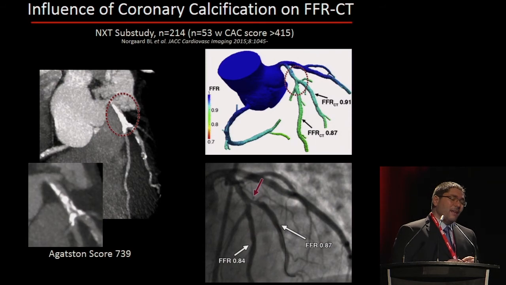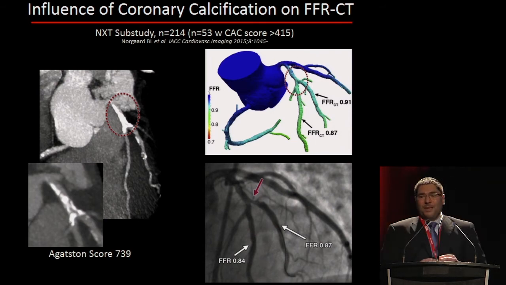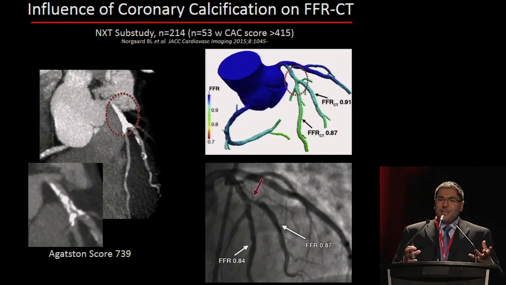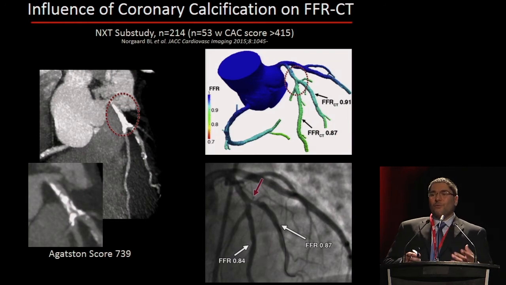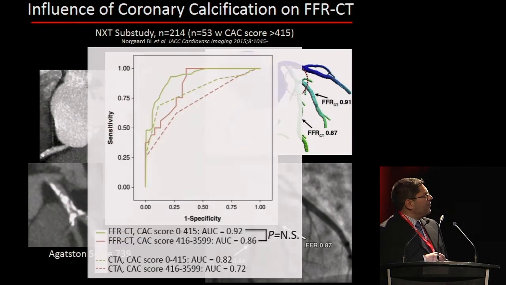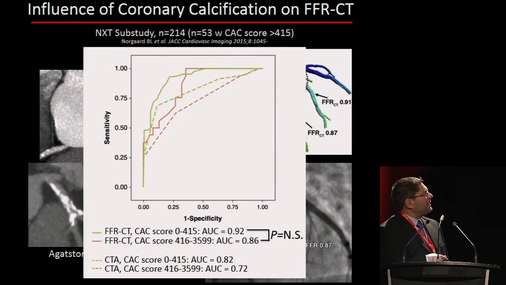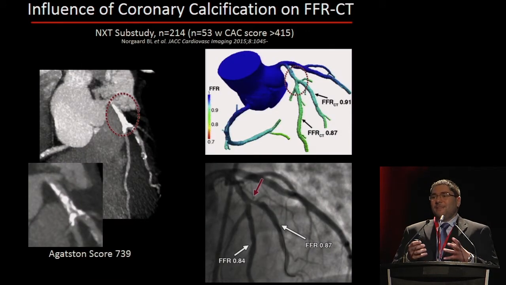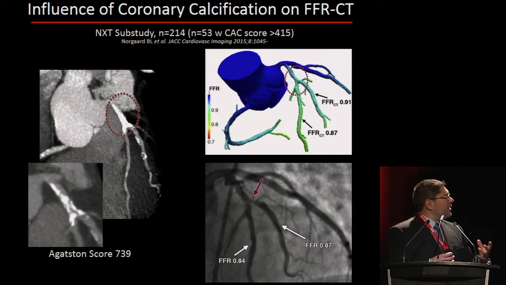The second thing that was very interesting, at least to me and a whole lot of people that work with coronary CT angiography, is that it turned out that FFRCT did really well when you had severely calcified plaques. Now, when you have a severely calcified plaque, you can't even tell where the coronary lumen is. There's calcium blooming, there's artifacts.